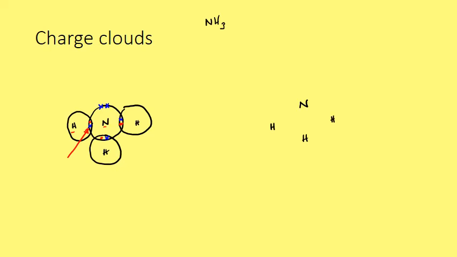Now let's just remind ourselves that at the middle of the atoms there's a nucleus, and I'm just going to draw a positive charge just to remind us that we've got a positive charge in the nucleus. So first of all I'm going to draw a charge cloud for this pair of electrons. So let's put them there as blue crosses, as per before.